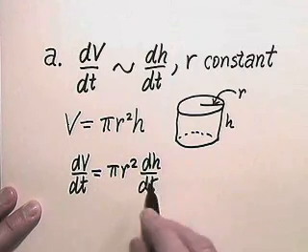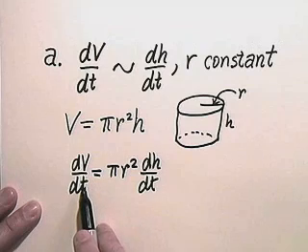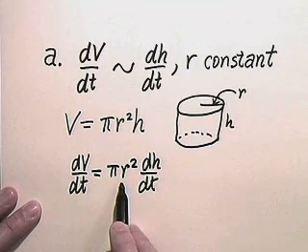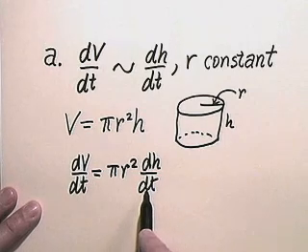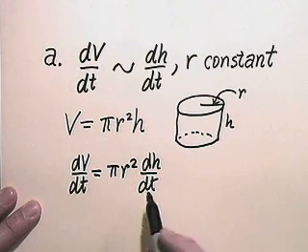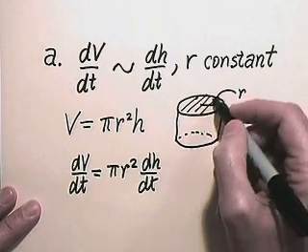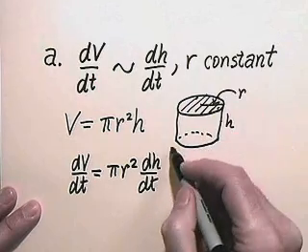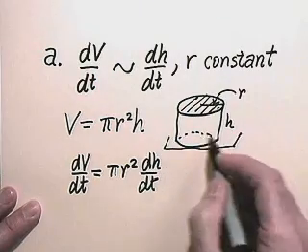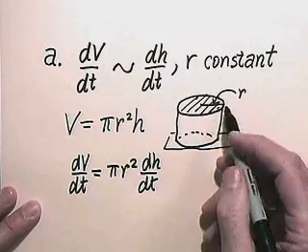What we can see here, for instance, is that the rate of increase of volume is simply the area of the base times the rate of increase of the height. That's an interesting geometric way to look at it. That is, if we think of only the height as changing, in a sense, if I fix the plane of the base here, what would happen as the height increases?